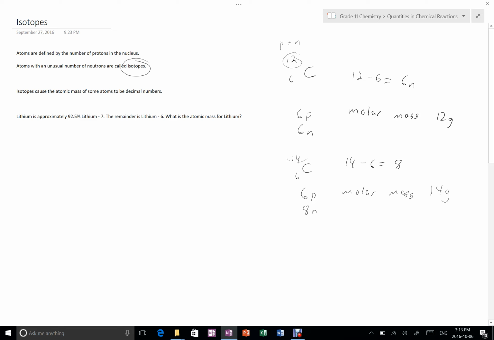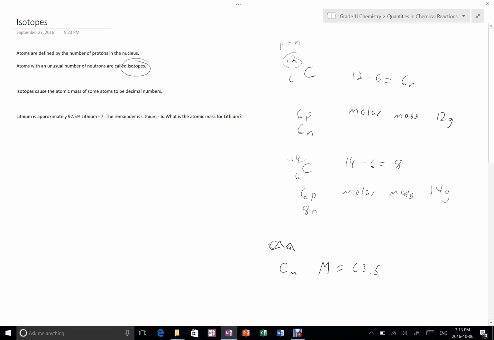This, all of a sudden, starts to help us understand why, on our periodic table, we have elements that have decimal points in their atomic mass. Copper is a good example here. Copper has a molar mass of 63.55.